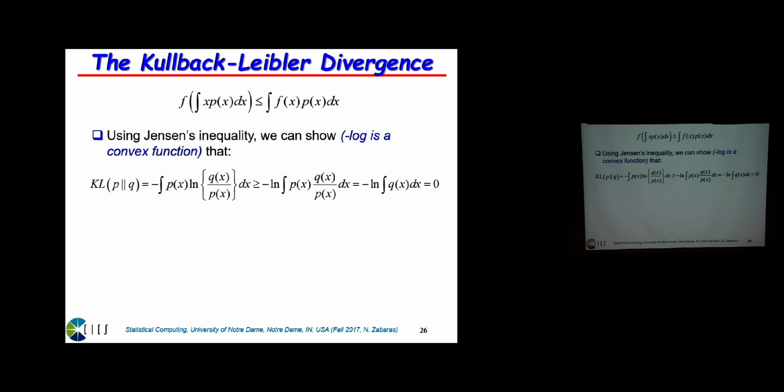So can I write this greater or equal to minus, now the function goes outside, log of the average with respect to p of q over p, of the argument. P and p cancel out, and q is a normalized distribution. The integral of q dx is 1, log of 1 is 0, so KL is greater or equal to 0. So that's a nice, cute proof that the KL distance is greater or equal to 0.